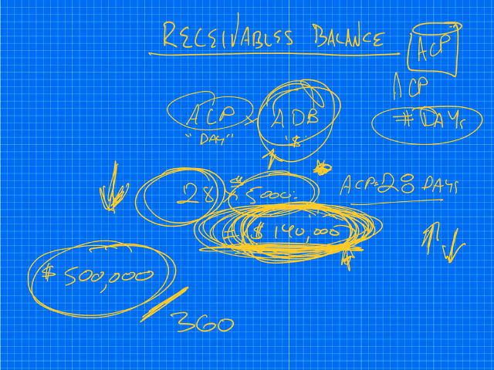At $500,000 divided by 360, you're going to get $1,388 and some change. And that would equal your average daily billings. That number right up there. So that's it. Simple, isn't it?